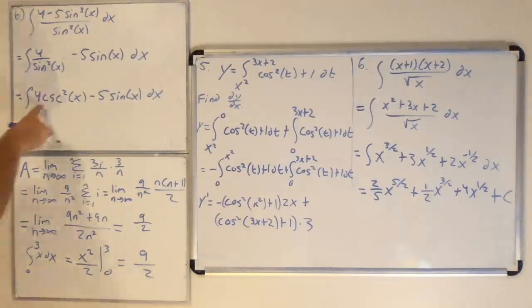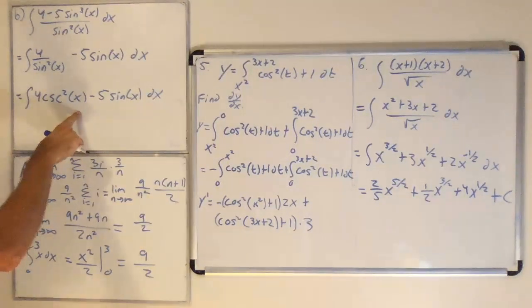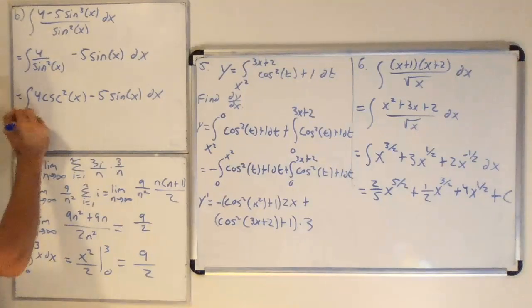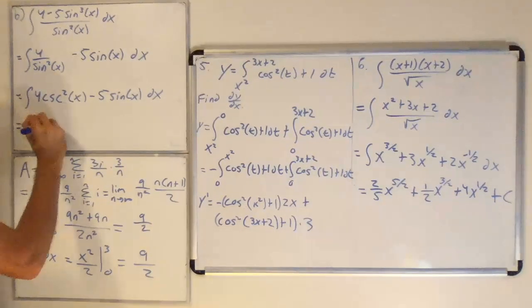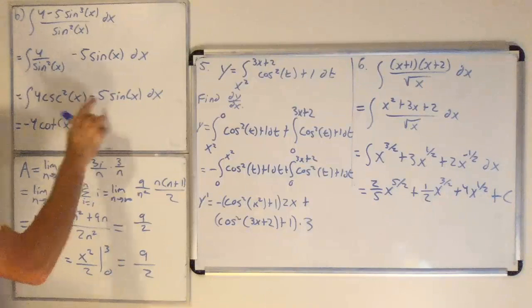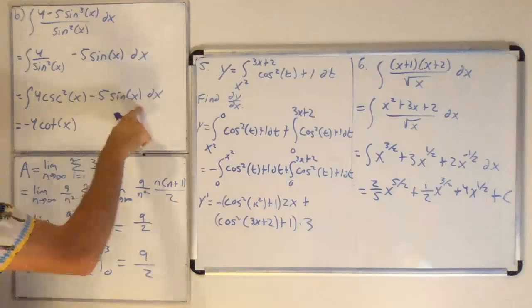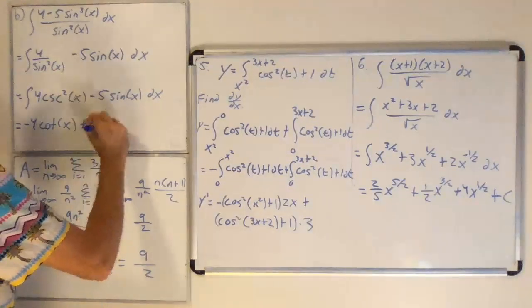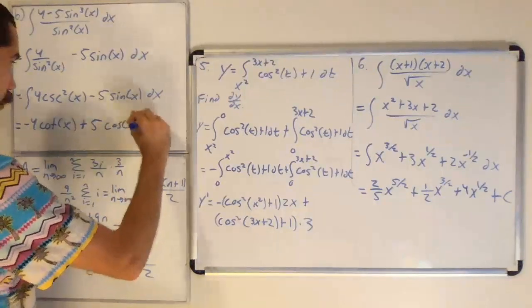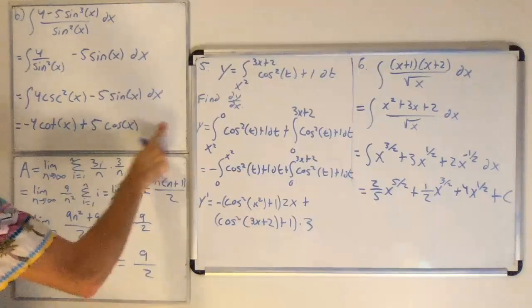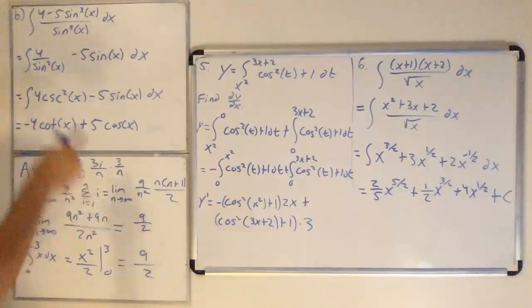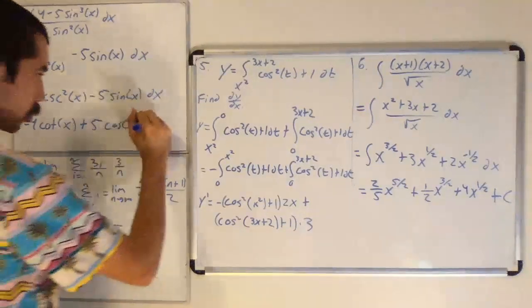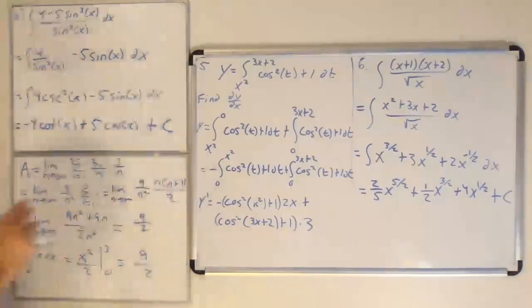Okay, and we know how to evaluate the integral of cosecant squared. That's negative cotangent. So this is equal to negative 4 cotan of x. And the integral of minus 5 sine of x is plus 5 cosine of x. And then again, this is an indefinite integral, so we have plus c.